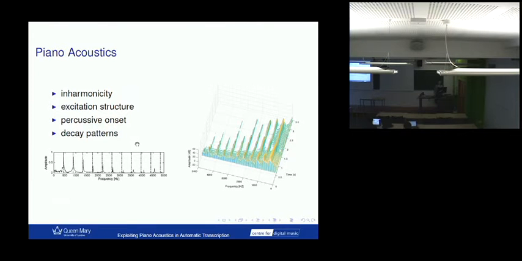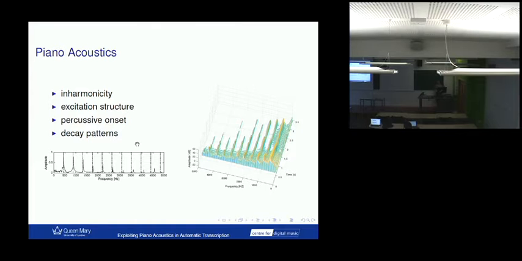The other one is the excitation structure: when the hammer hits the strings, it hits at a specific position, like 1/7 of the string length, which gives us a very specific excitation structure.